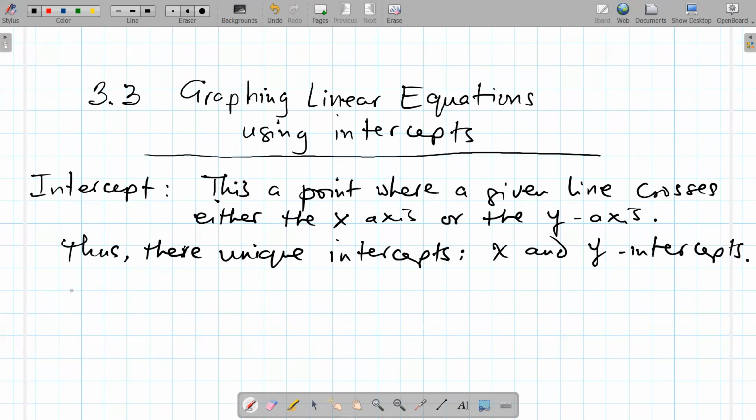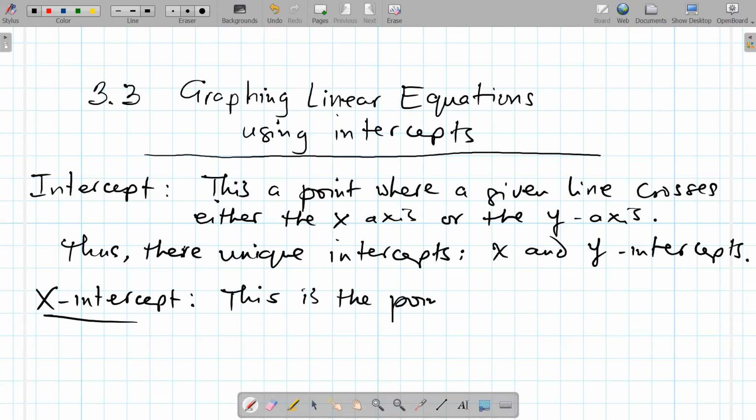Let's look at what the x-intercept is all about. X-intercept. So this is the point where the given line crosses the x-axis.